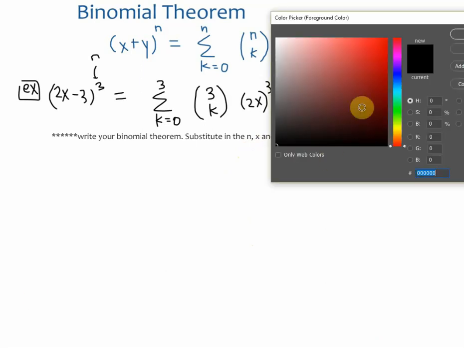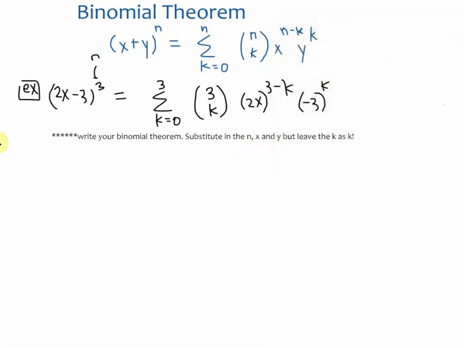Okay, so let's get different colors for this so we can see what I'm talking about. The first term in your binomial is going to be, so there's going to be 4 terms. Remember we talked about it was when k is 0, k is 1, k is 2, k is 3. This summation tells you which one's the first term. It starts at k equals 0, and it goes up to the third when you have 3 written in there, okay? Okay, so let's start right here.